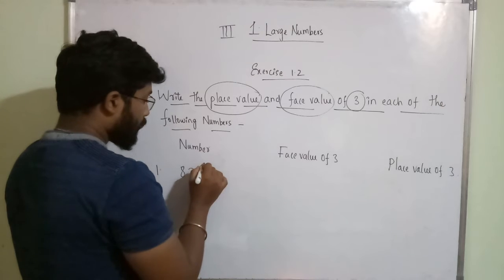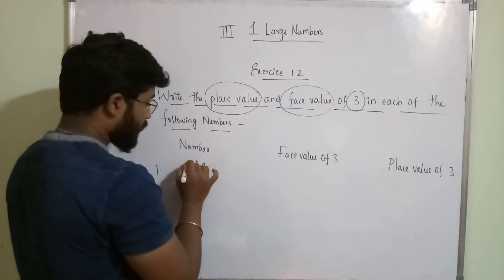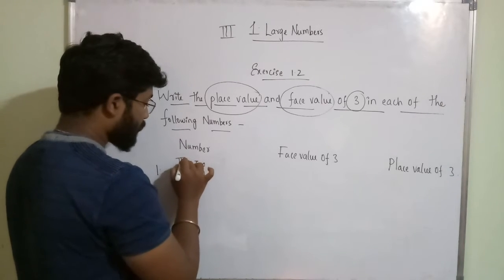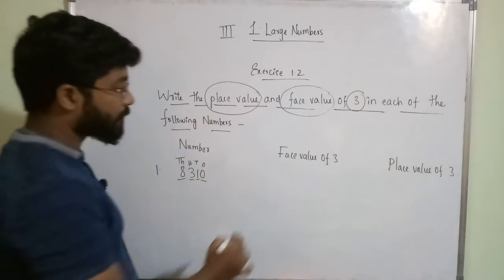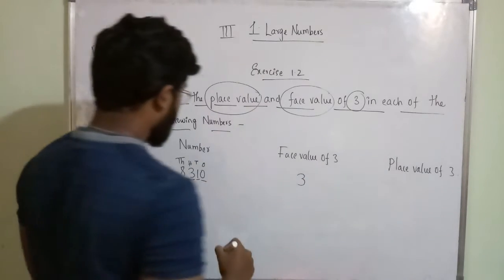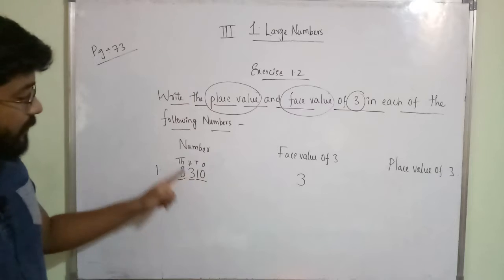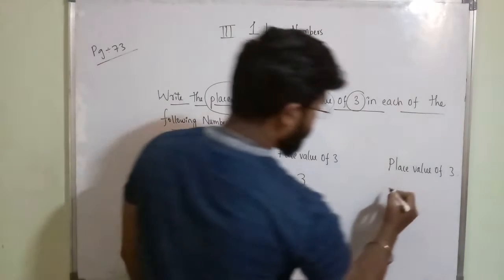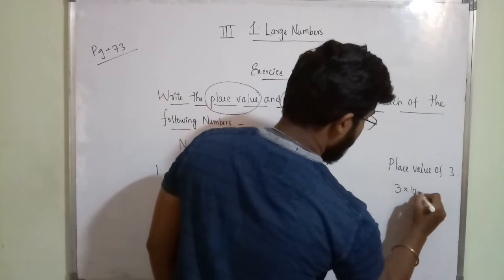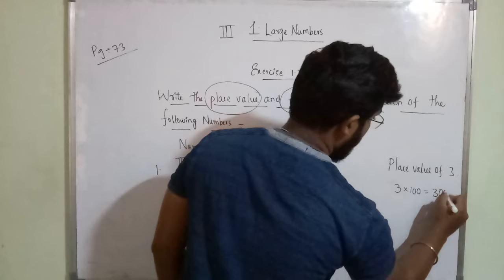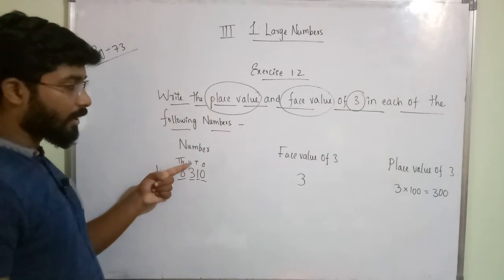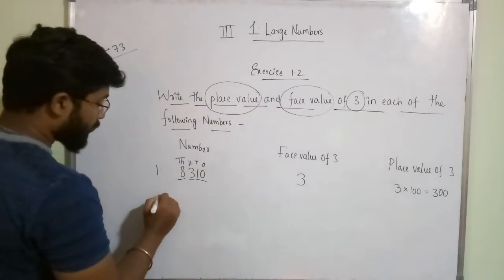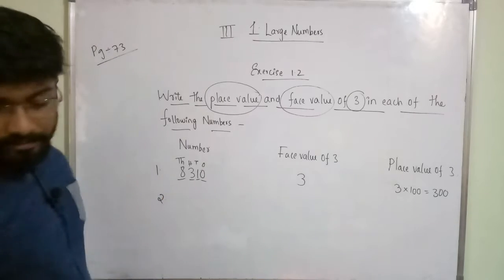This is ones place, tens place, hundreds place, thousands place. 3 is in hundreds place. What is the face value? Face value of 3 is 3 only. Place value: 3 is in hundreds place, so 3 into 100 equals 300. 3 into which place? It is in hundreds place, so 3 into 100. 300 is the place value of 3.